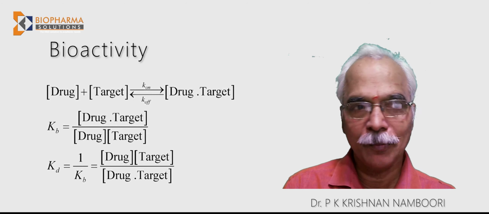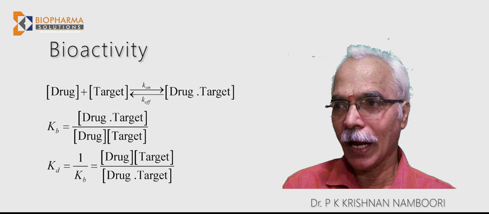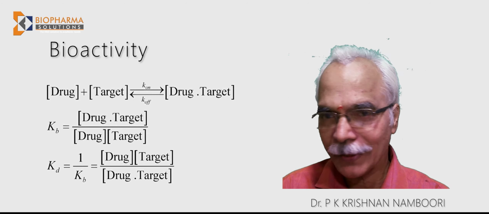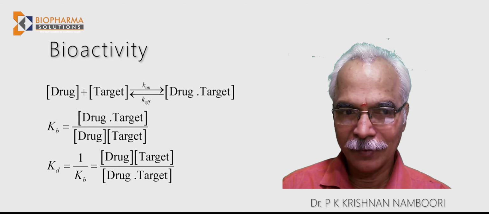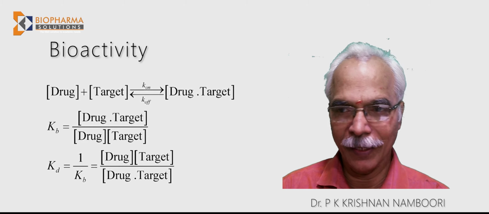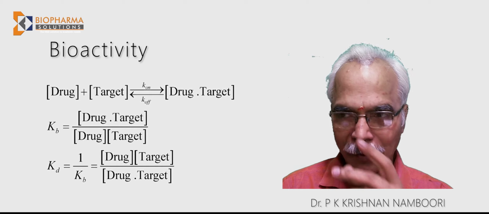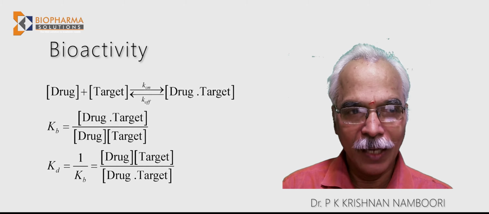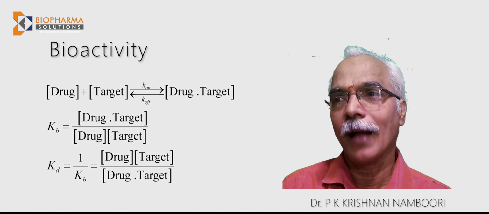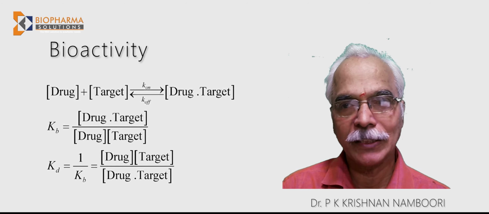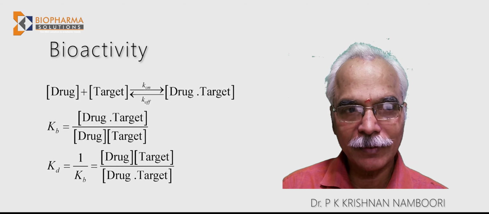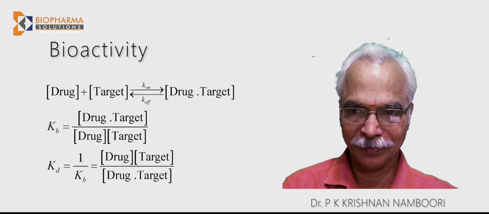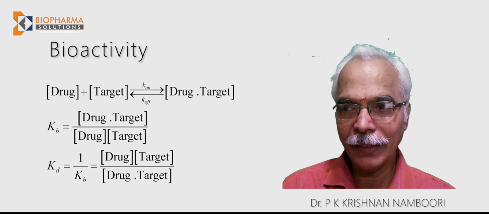The equilibrium constant for that process is the active mass of that complex, drug protein or drug target complex, upon the product of active masses of ligand and target, ligand and protein or ligand and target.